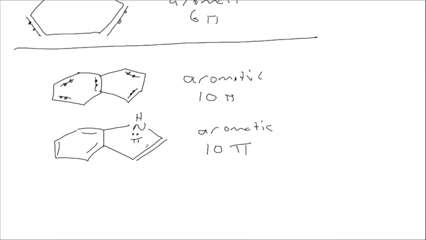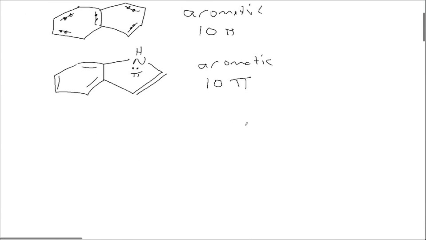Okay, so this is another case with 2 rings, and you got that one correct as well. What does it mean that this is aromatic? What does aromatic mean? It's unusually stable. Good, more stable than you would predict from its Lewis structure.